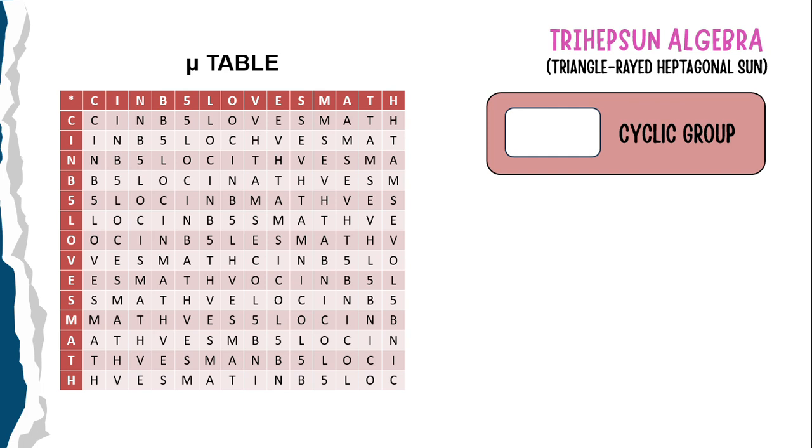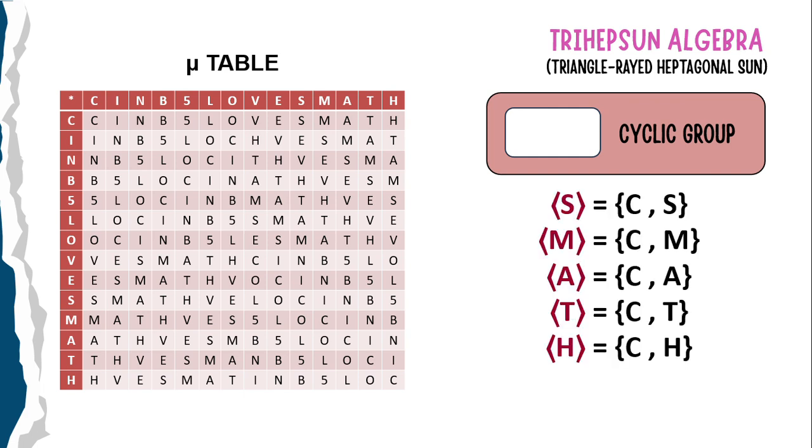The remaining ones are: S generates CS, M generates CM, A generates CA, T generates CT, H generates CH, which states that it is not a generator since we only generate two elements.